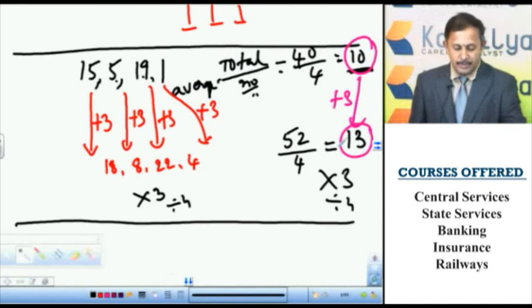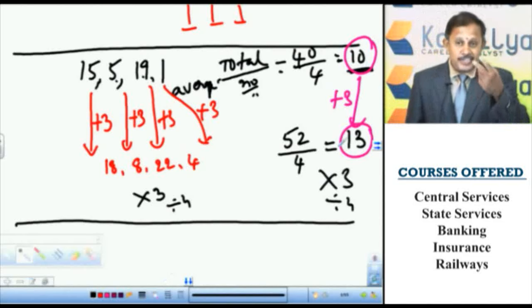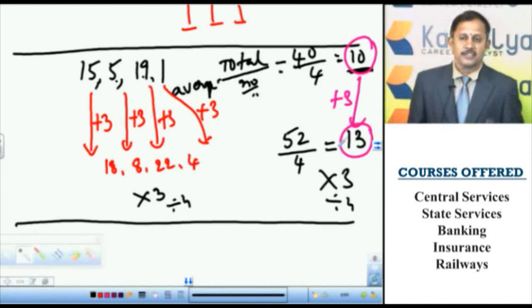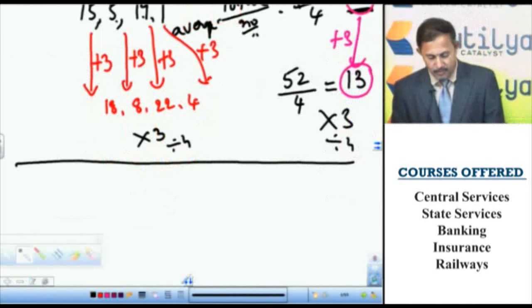Suppose each element is increased by 3, average also increases by 3. Suppose each element is decreased by 2, average also decreases by 2. Suppose each element is multiplied by 3, average also multiplied by 3. And suppose each element is divided by 4, average also divided by 4. So this is the example you have to remember.